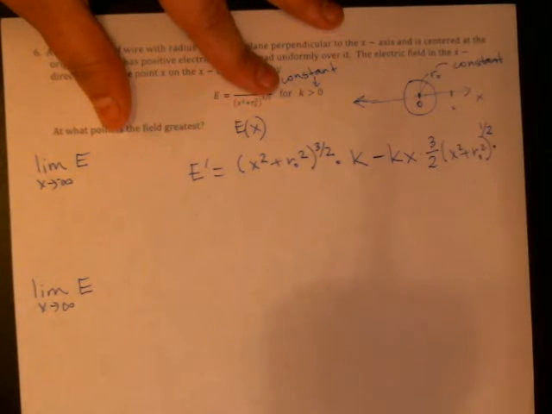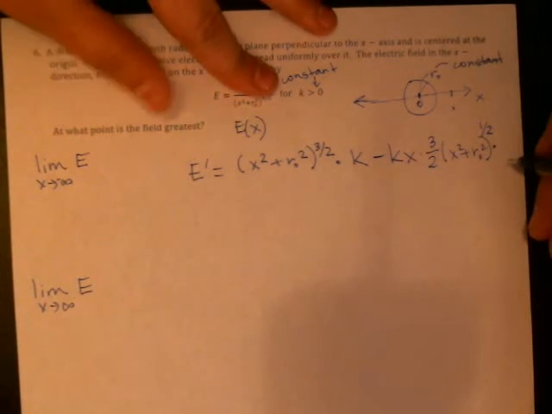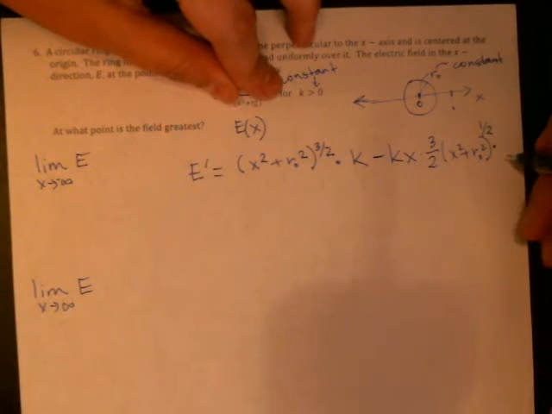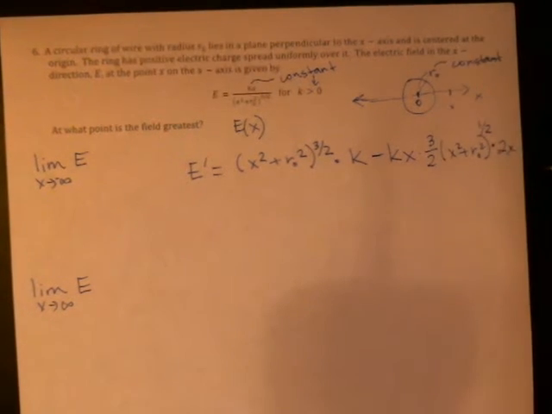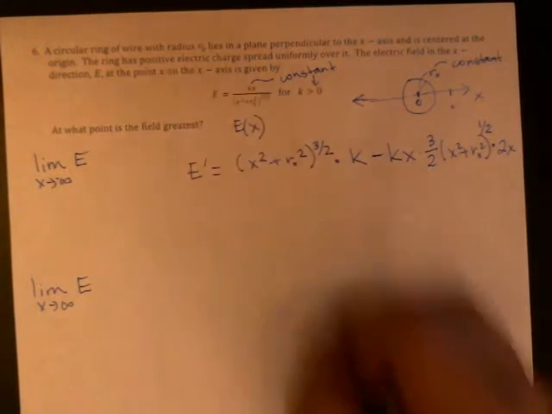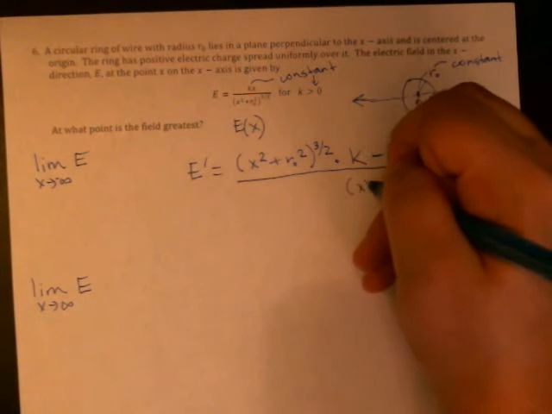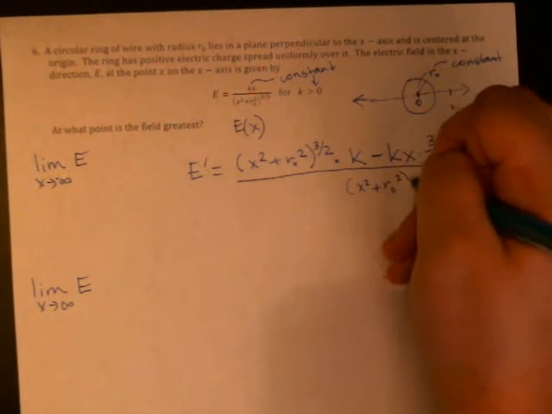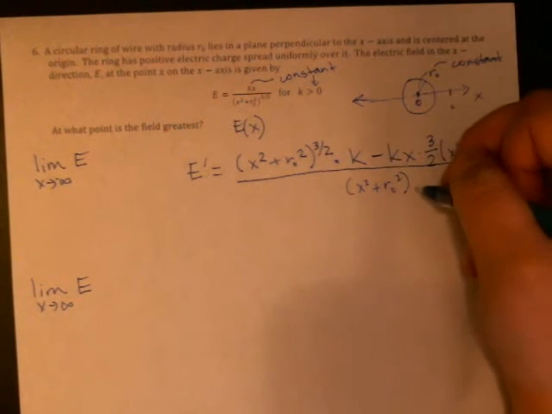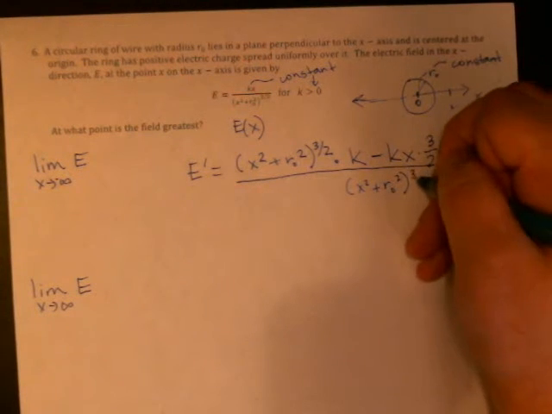And then there's a chain rule there as well. The derivative of that inner stuff, x squared plus r naught squared, is going to be a 2x. We're assuming r naught squared is constant, so its derivative is 0. And then that should be all over x squared plus r naught squared to the 3/2, and then squared, which will be 3.